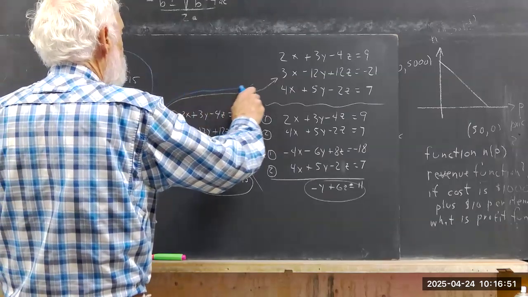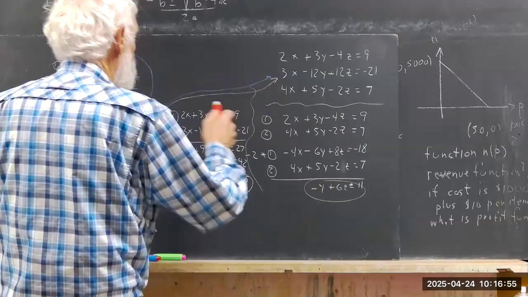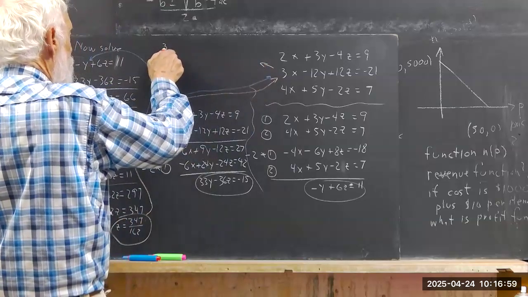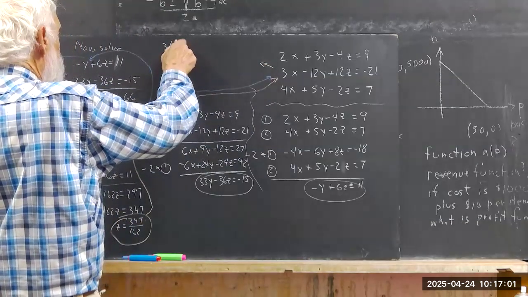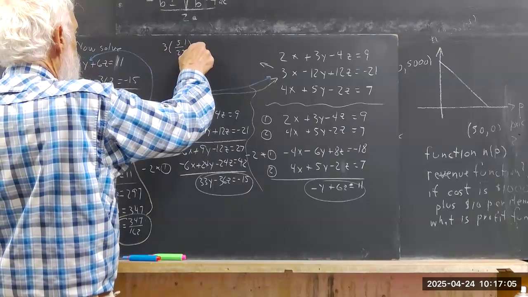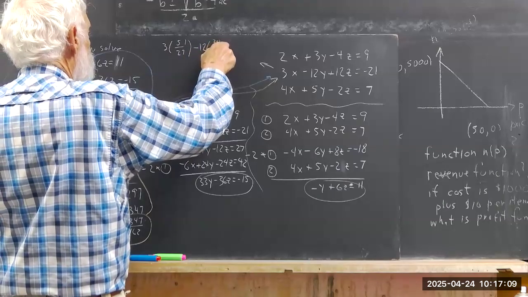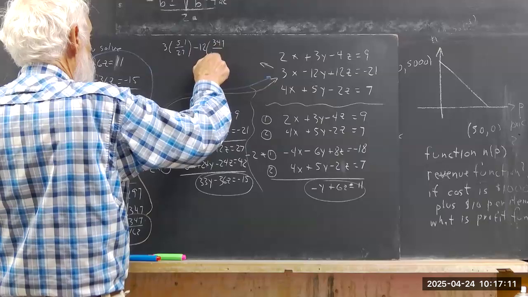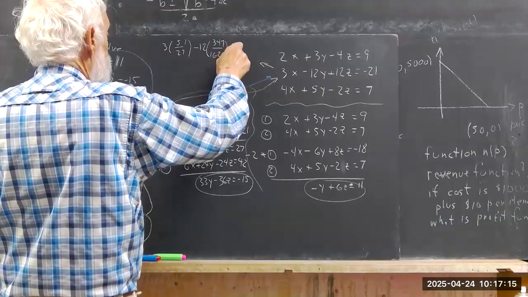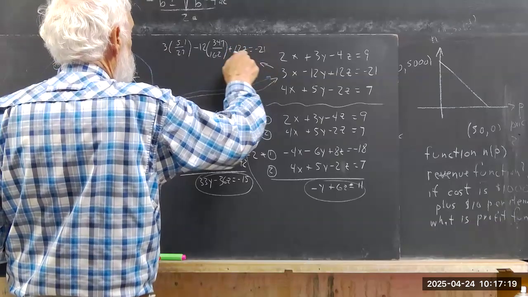And here. And I get the equation 3 times 51 over 27 minus 12 times 347 over 162 plus 12z equals negative 21.